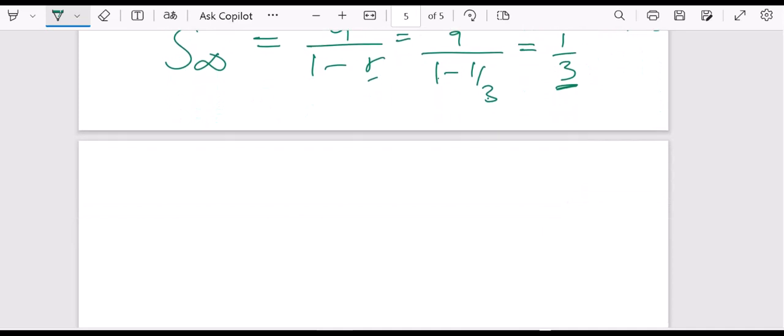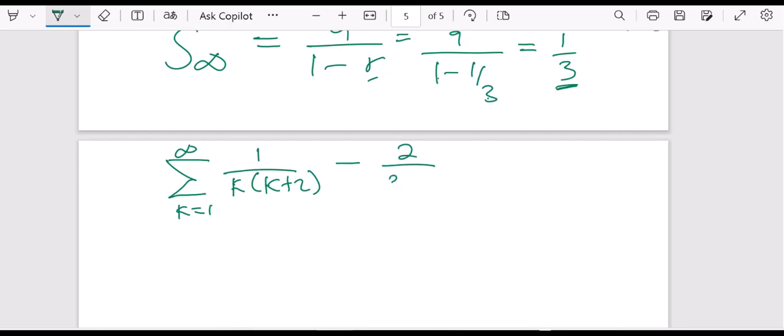So we now have two things. We have the sum from k equals 1 up to infinity of 1 over k into k plus 2, minus 2 over 3 power k plus 1.